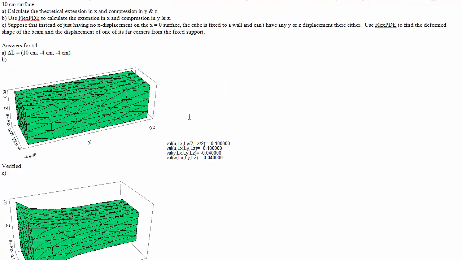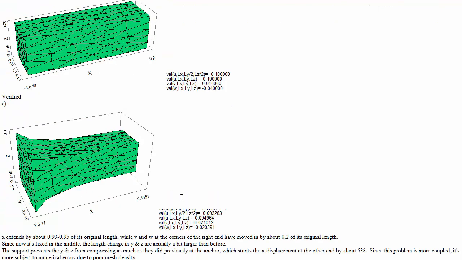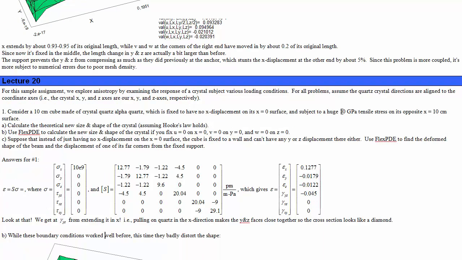We're not going to apply quite as much as this because the cube gets too deformed if we apply a stress that's equal to the Young's modulus. So the stress is actually 10 gigapascals rather than 1 gigapascal like it was last lecture, but because quartz's Young's modulus is a fair bit higher, this is effectively a lower relative stress. Now the quartz would actually break if you gave it this kind of tensile strain.